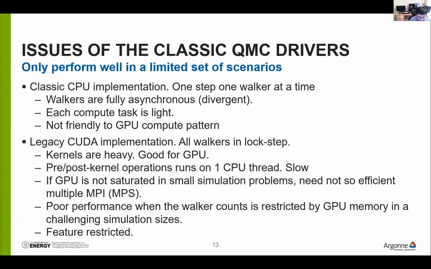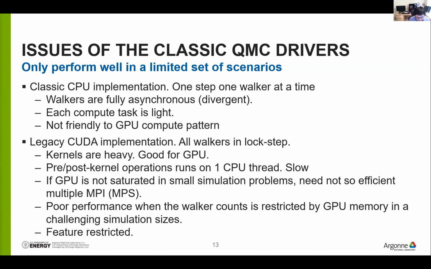On the other hand, the legacy CUDA code made a choice that all the workers must be executed together. Somehow it restricts its efficiency to problems where it relies on a high worker count to be efficient. In the scenario where you are doing challenging simulations, because of memory limits your worker count becomes low and you can't be efficient.